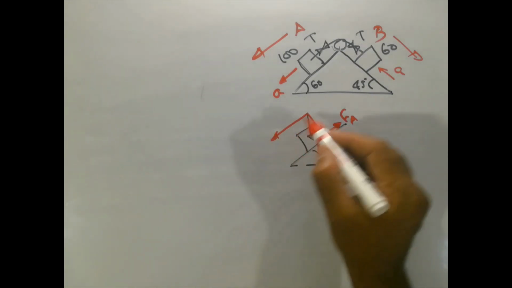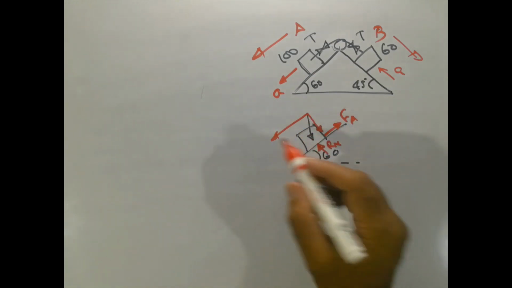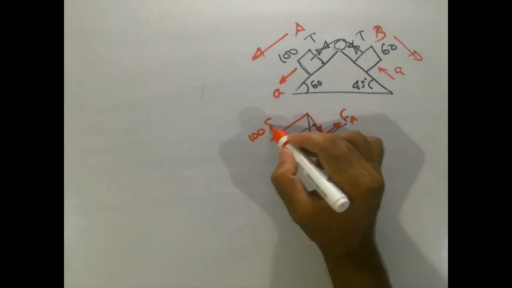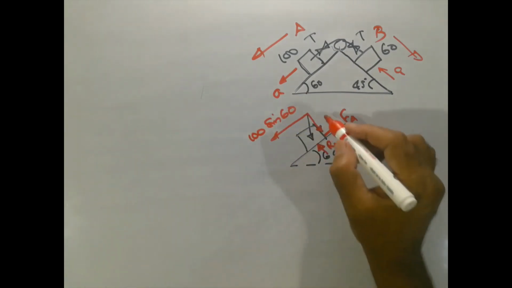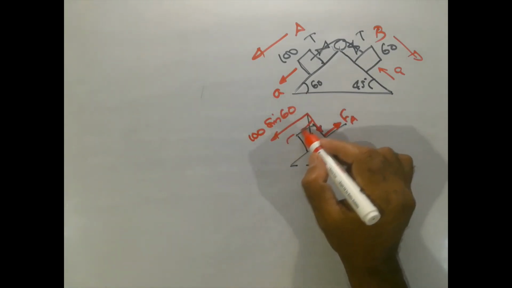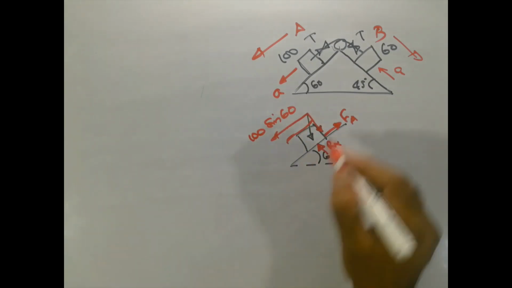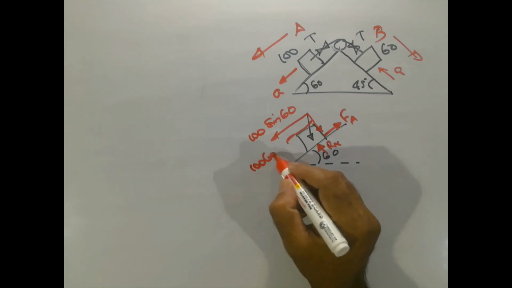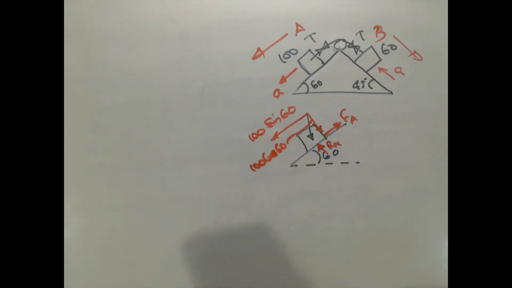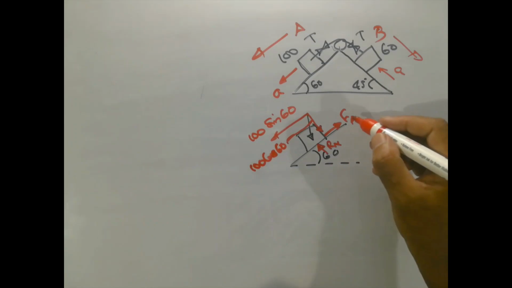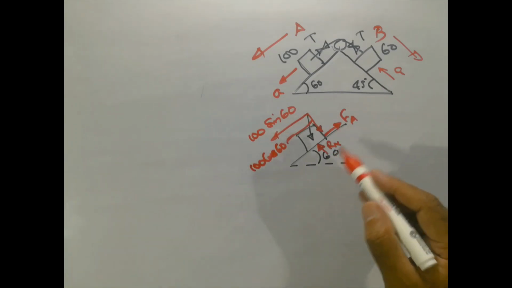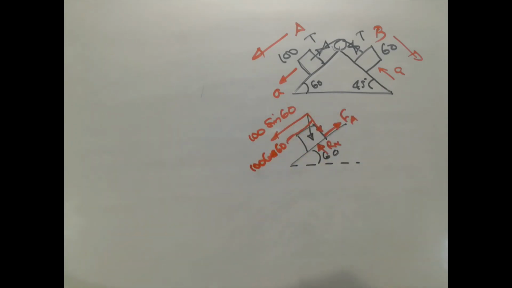The component of the weight parallel to the plane will be 100 sin 60, and the component perpendicular to the plane is 100 cos 60. These are the forces acting on the block of 100 Newton weight on the plane at an angle of 60 degrees with the horizontal.